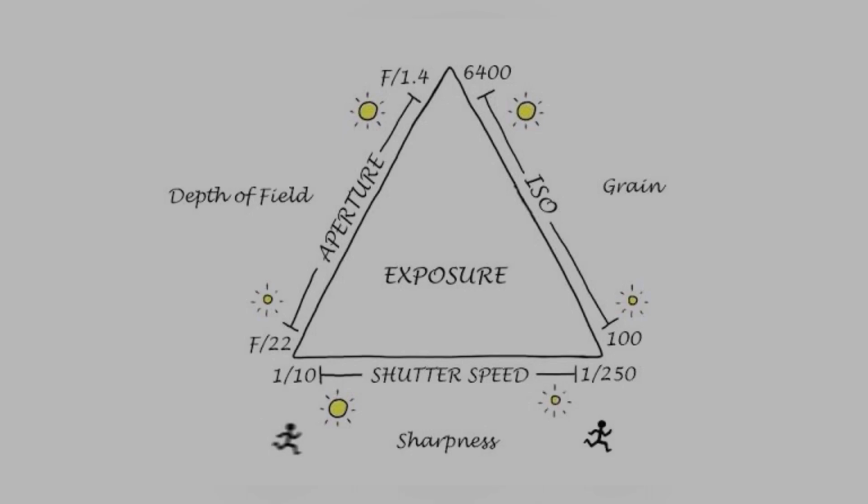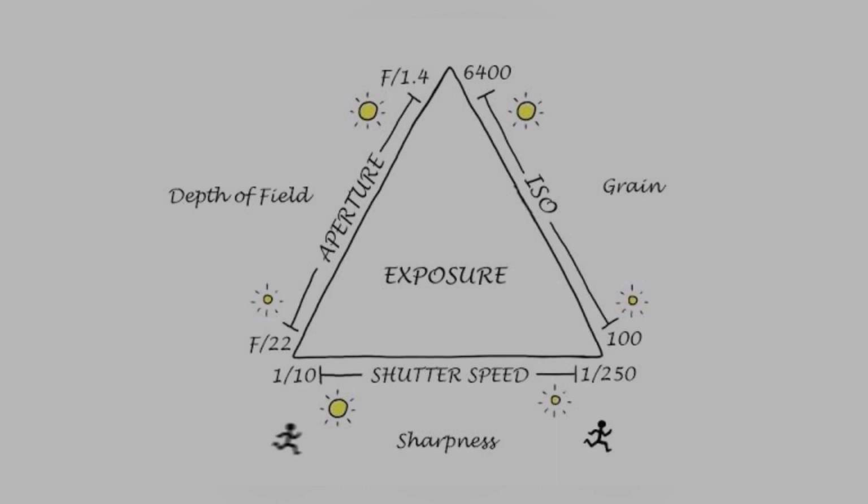If we have a look at the exposure triangle, one side is aperture, the second side is shutter speed, and the third side is ISO. You can look here, aperture is wide open at f-stop 1.4 and it is minimum at f22.